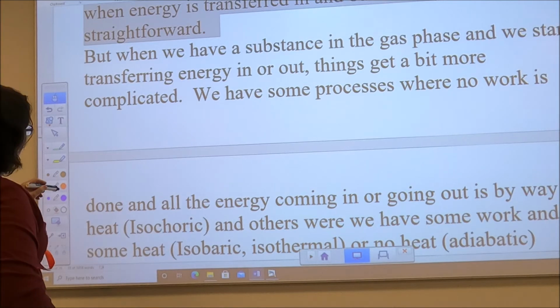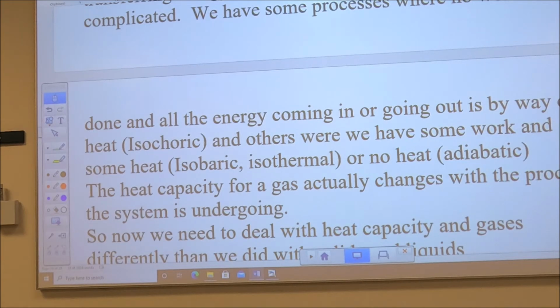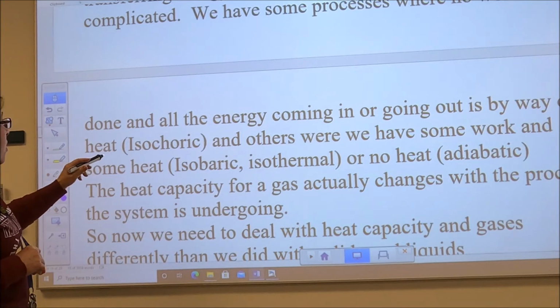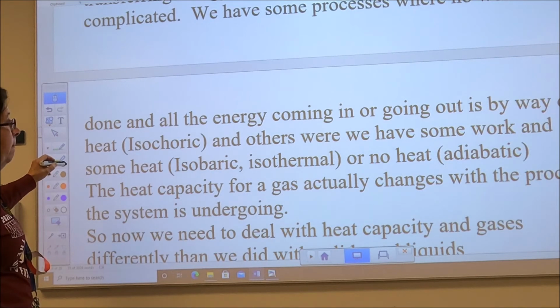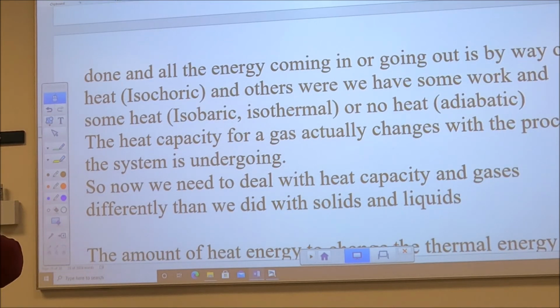So if we think about our processes, isochoric, isobaric, isothermal, and adiabatic. In the isochoric process, which is constant volume, the only way energy moves in and out of the system is by way of heat. If you're isobaric and isothermal, you have energy moving out and in as both heat and work. And if you're adiabatic, you just have energy moving out as work, no heat.